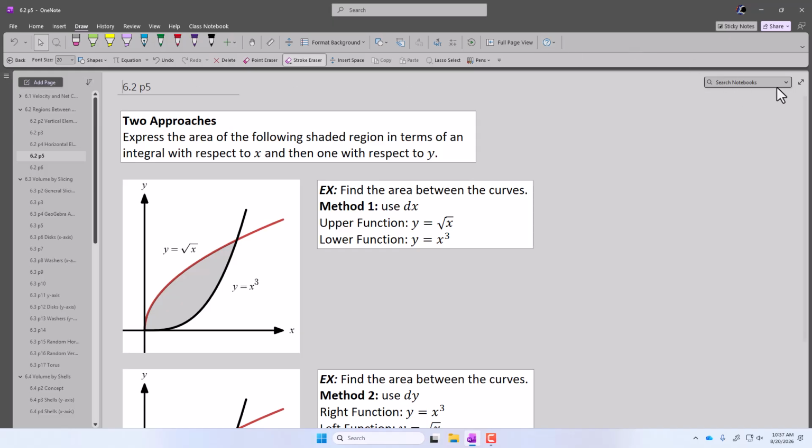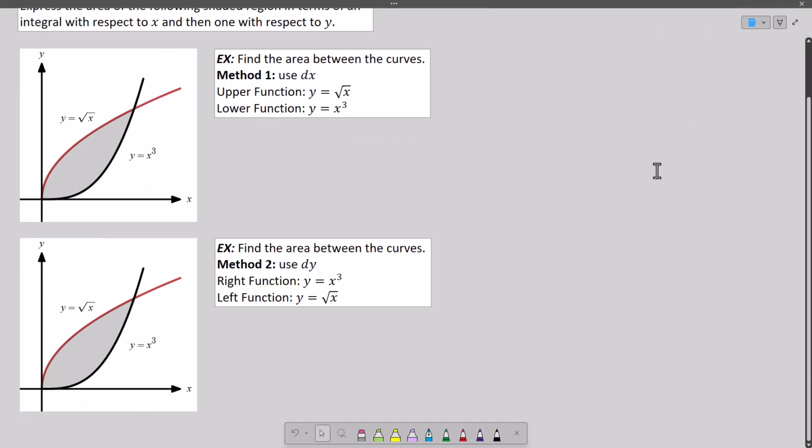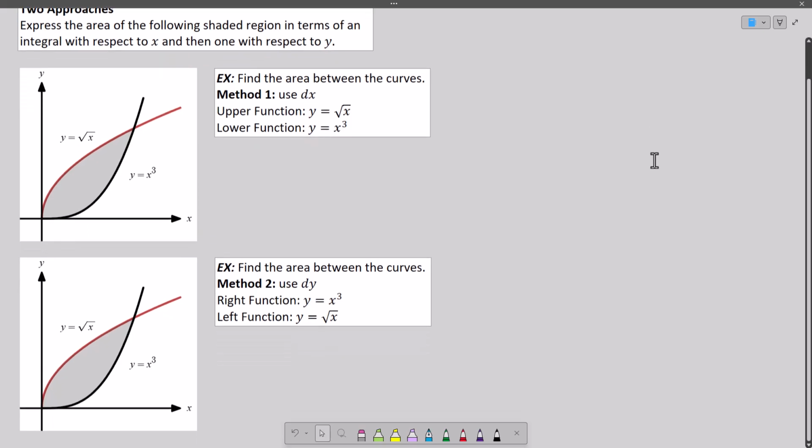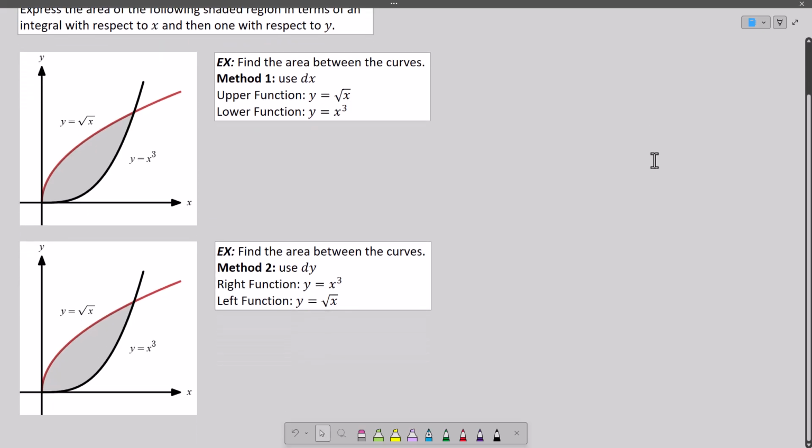All right, so these problems, both of these regions, well, it's one region. Both of these problems here are the same region, and you can do it either horizontally or vertically. Doesn't matter. I will do it up here vertically, and then I'll have you do it horizontally after we go through the vertical one, to show that we get the same answer.